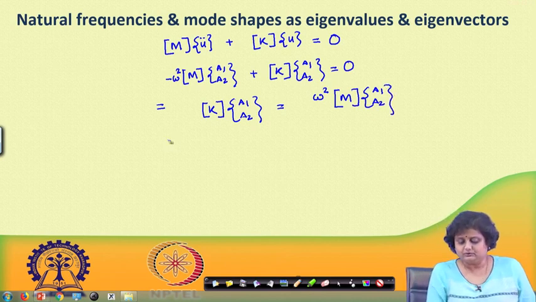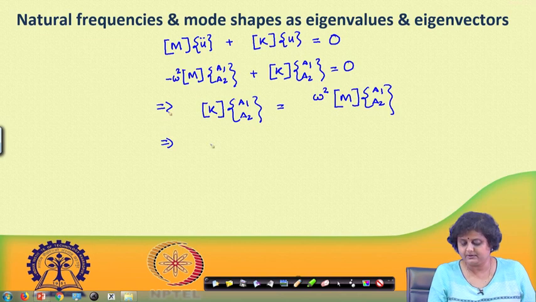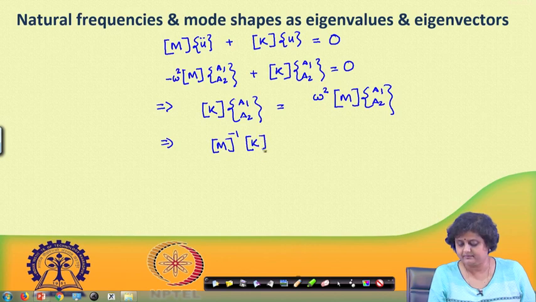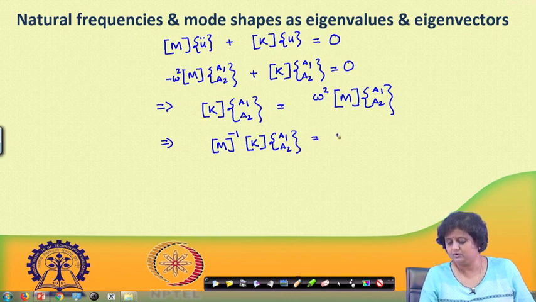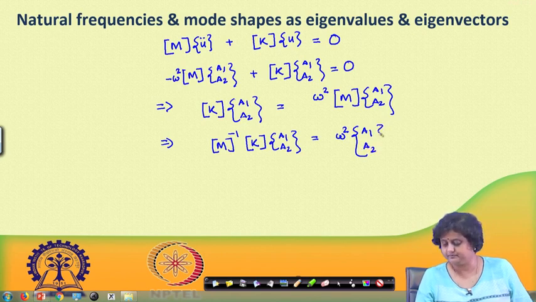Right. So, this can be written as m inverse k into A1 A2 is equal to omega square into A1 A2.